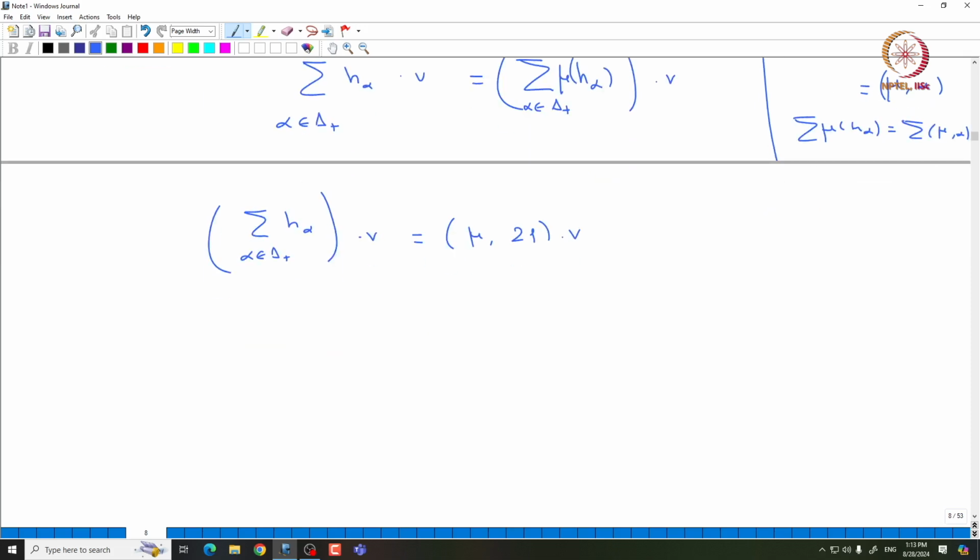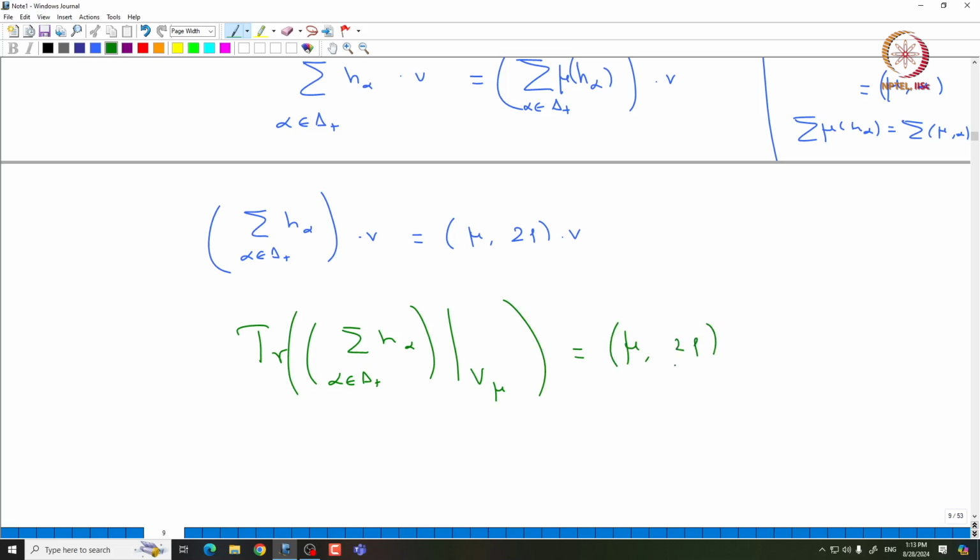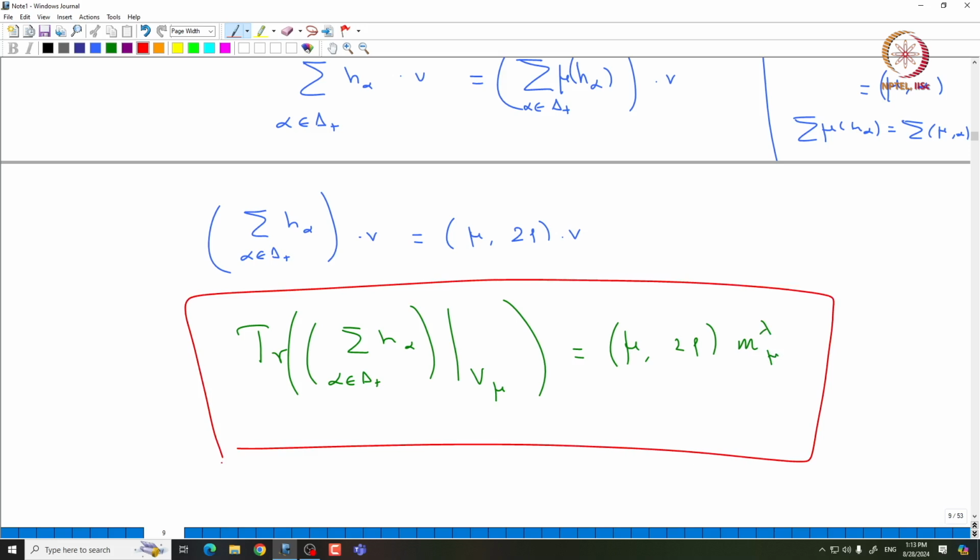So that gives you the trace of the summation of H alpha, alpha in delta plus, when you restrict on this V mu, is exactly equal to the inner product mu comma 2 rho times the multiplicity of mu inside V of lambda. So this is our second summand: mu comma 2 rho times this multiplicity.